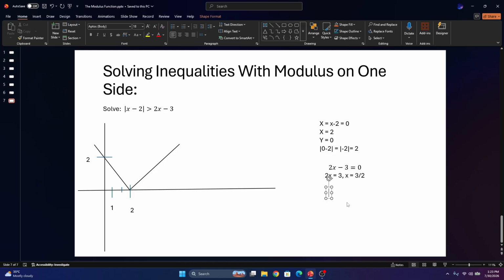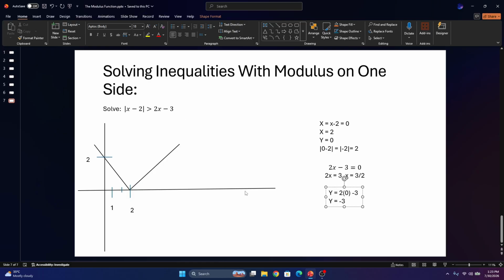So to do that, we're going to put this x right here as 0. So y equals 2 multiplied by 0 minus 3, and this is just going to give us y equals -3.